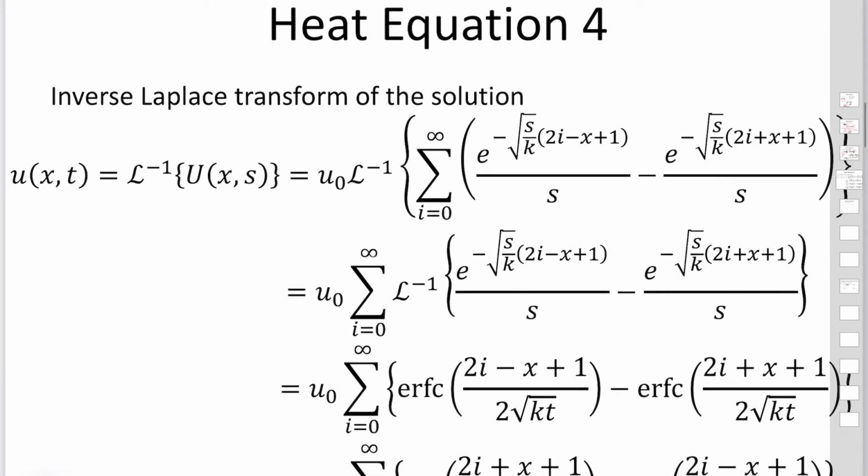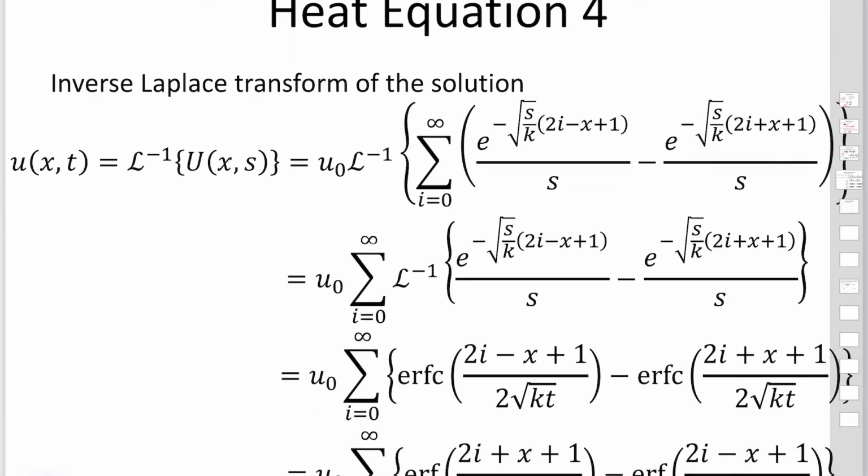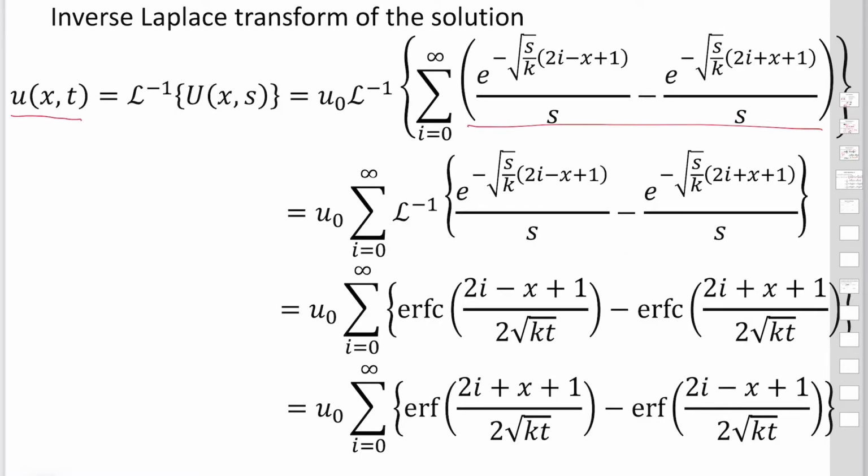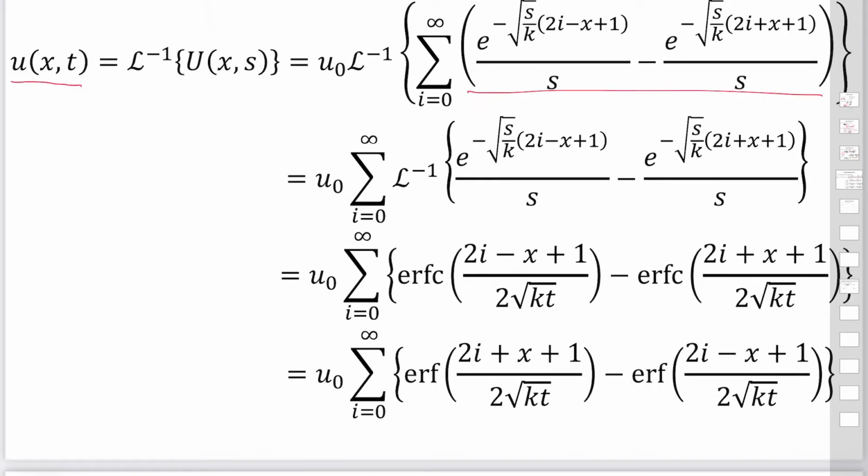Then to find the solution of the heat equation, the temperature u, we need to take the inverse Laplace transform. We exchange the sigma and the inverse Laplace transform. When we studied the Laplace transform, we derived that the Laplace transform of the complementary error function of a over 2 square root of t is equal to exponential of minus a square root of s, over s.